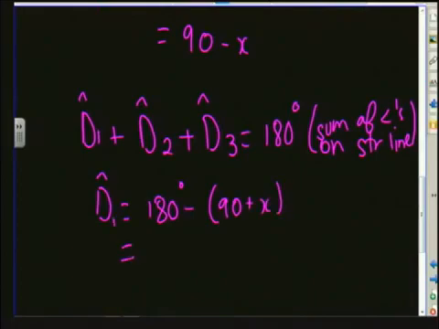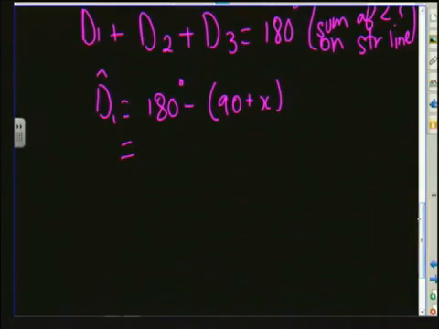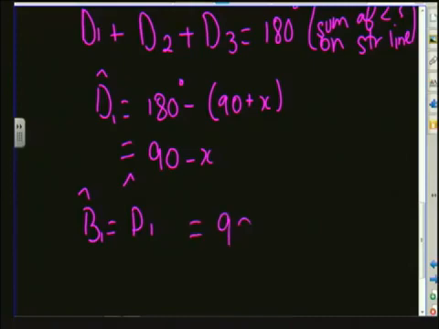So therefore angle D1 is going to be equal to 180 minus 90, which is 90, minus x, so I get 90 minus x. So therefore we can state that B1 is equal to angle D1 because they're both equal to 90 minus x.